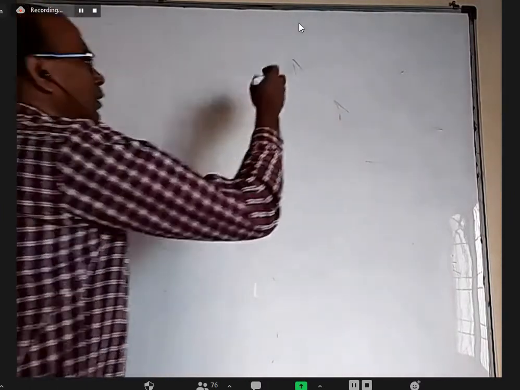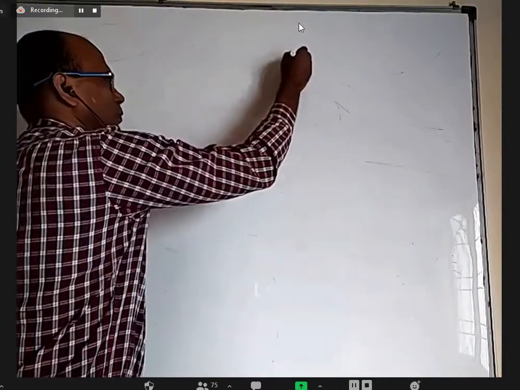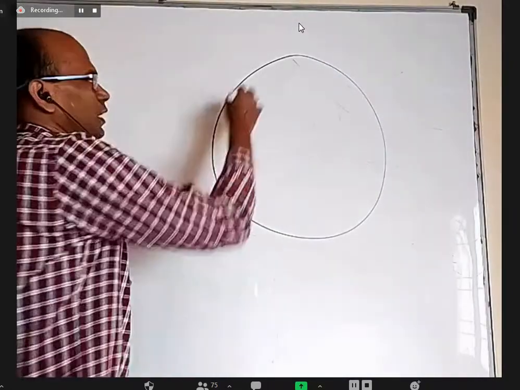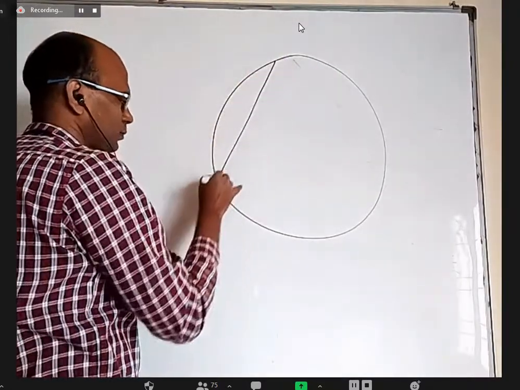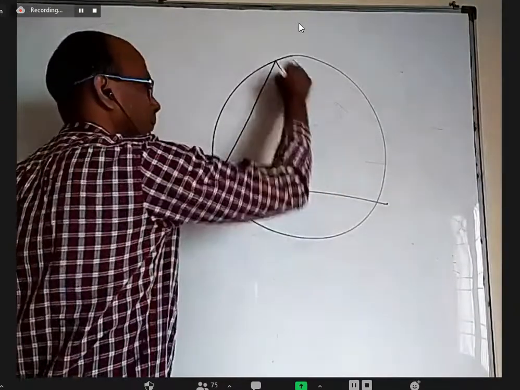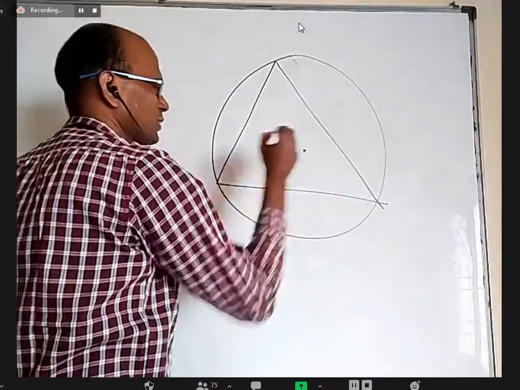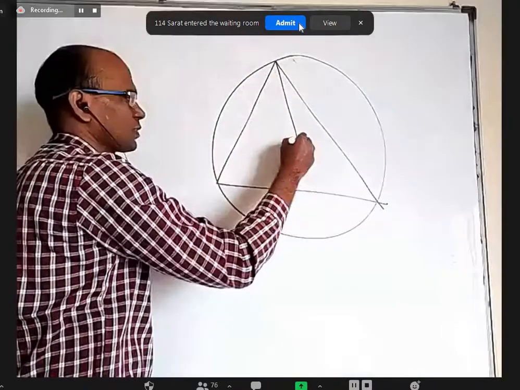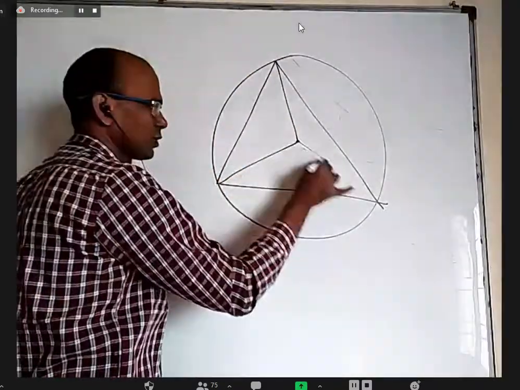Okay, the orthocenter, we'll discuss a little bit and stop. Better I'll draw the circle first and then draw the triangle in it. If you take the center, it's quite clear that this is capital R, this is capital R, all are equal.